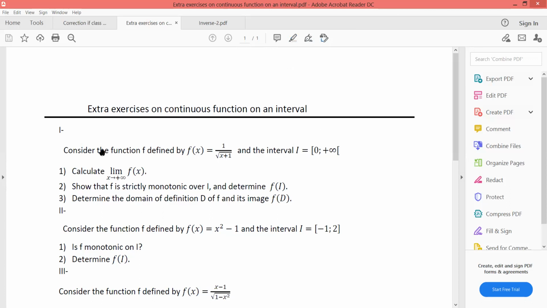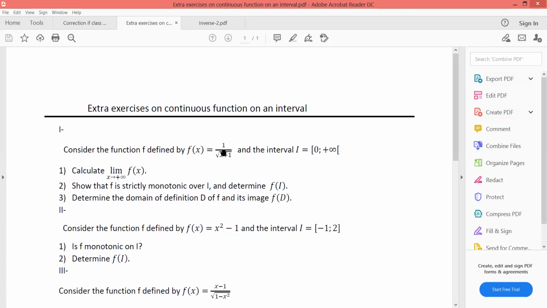So we have the function defined by f(x) equals one over radical x plus 1, and the domain of definition is 0 to plus infinity. It is closed at 0 and open at plus infinity. Calculate the limit as x tends to plus infinity.